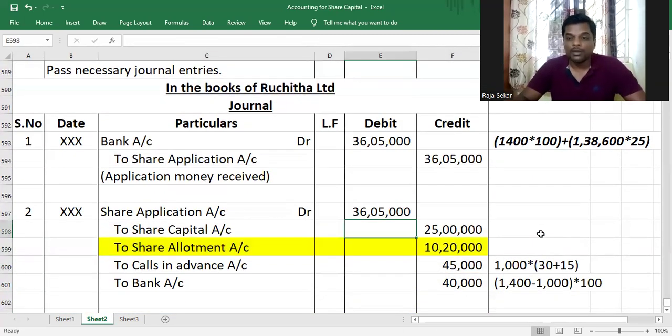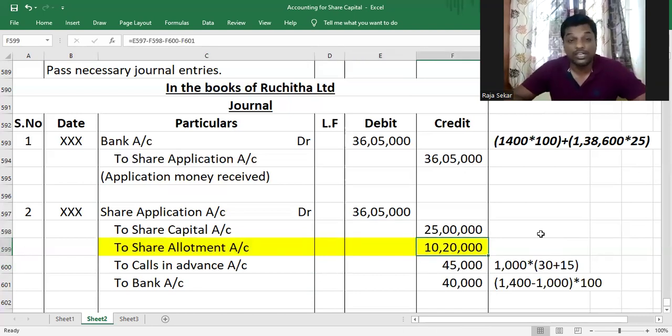Am I right or not? But what we have in the share allotment account, when we use it in the balance sheet, is only 10 lakh 20,000. So this 10 lakh 20,000 is obviously not going to cover the entire 30 lakhs that is due from all the shareholders. Am I right or not? And therefore all the others have not made so many extra applications that it will not cover it. Understood or not?